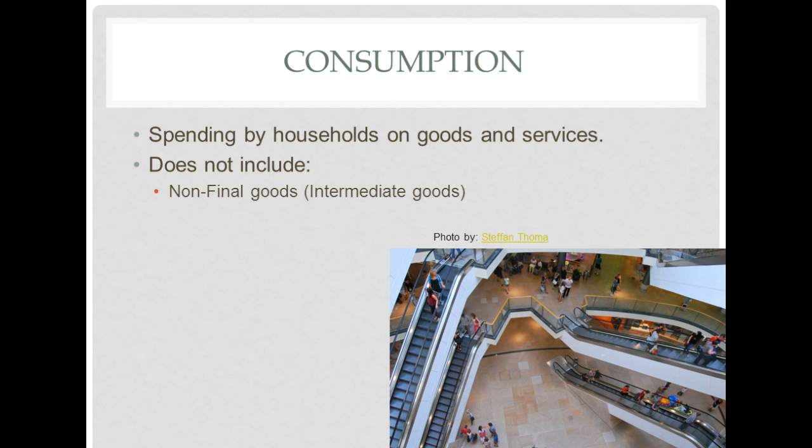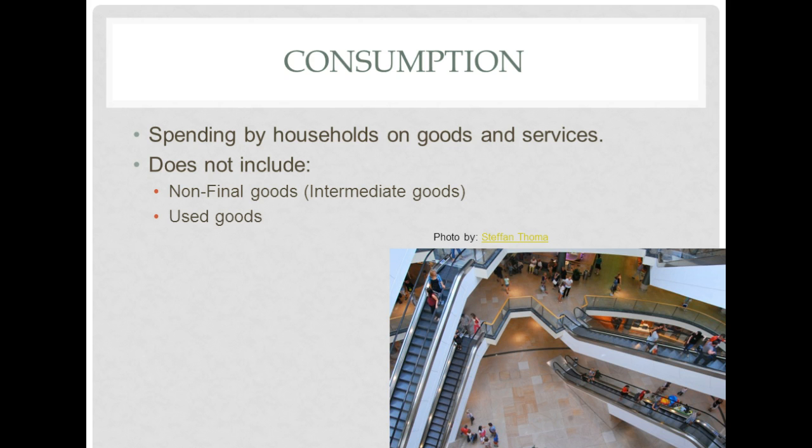One way to think about this would be if you took flour and you put flour in a bag and sold that bag of flour at the store, that would be counted in the GDP as consumption. But if you took flour and used it to make a loaf of bread, that original flour would not be counted in the GDP, but the bread would be. This way we're not double counting. The other thing that often people forget about that is not included is what are called used goods.